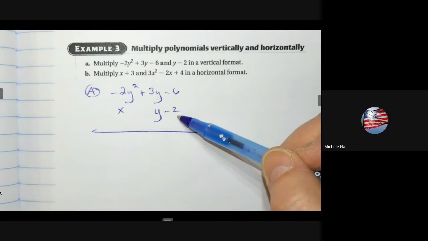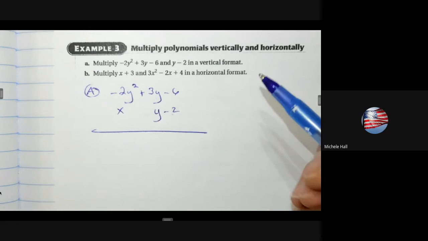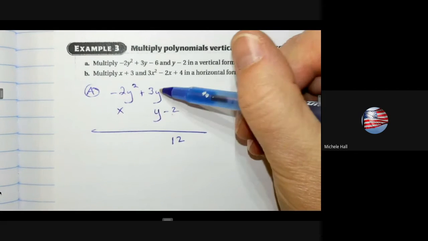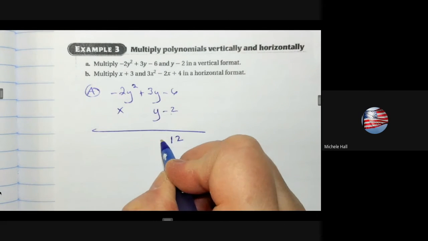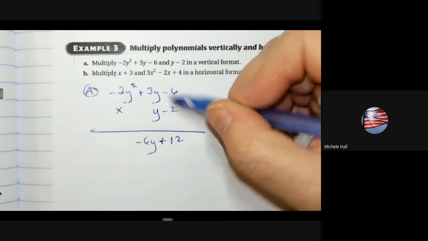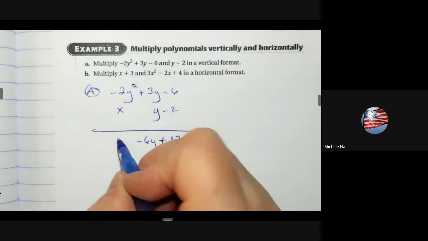It's going to be negative 2 times all three of these terms. Negative 2 times negative 6 is 12. Negative 2 times 3y is negative 6y. Negative 2 times negative 2y squared is a positive 4y squared.